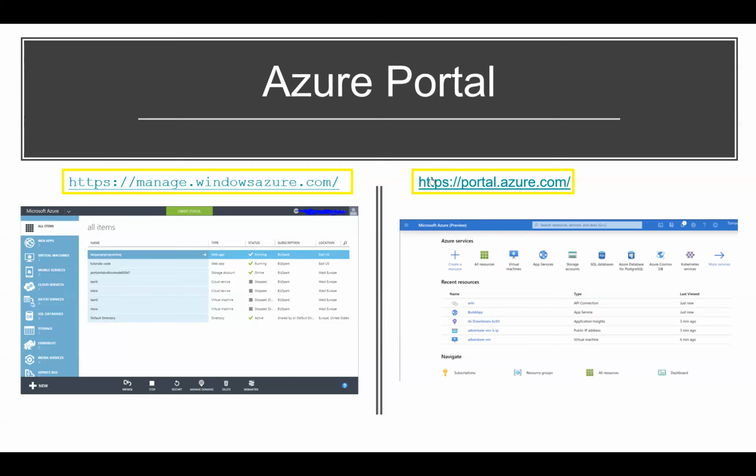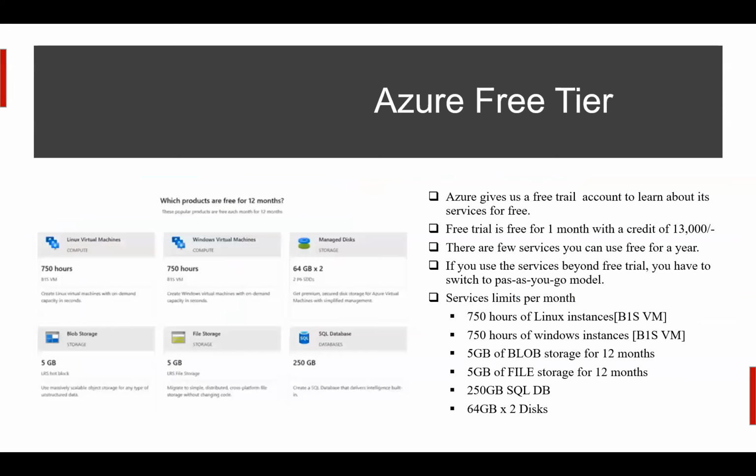Please keep in mind, every cloud provider provides a free trial, sir. AWS provides a free trial, Google Cloud provides a free trial, Azure provides a free trial, and Alibaba Cloud also provides a free trial, but I have not deployed on Alibaba Cloud. Azure, AWS and Google Cloud provide free trials.